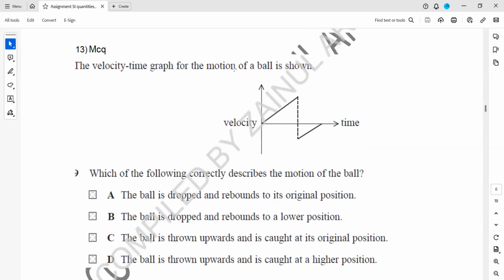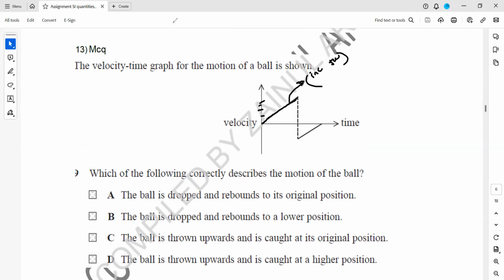So now we have a velocity time graph, and from this velocity time graph we have to work out what happened to the velocity. The value of the velocity is increasing and it is positive.